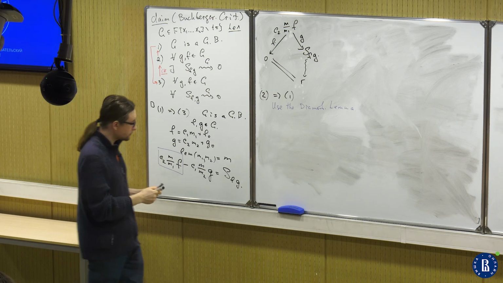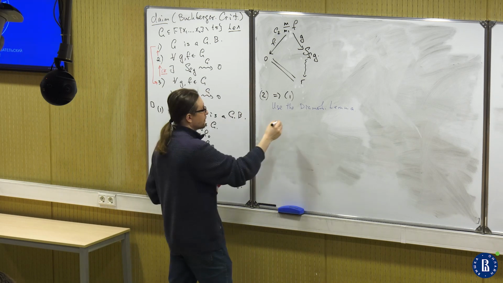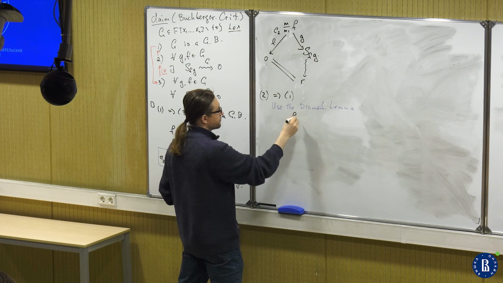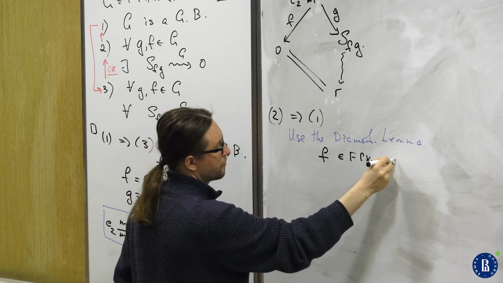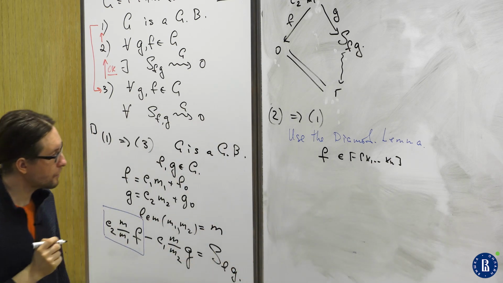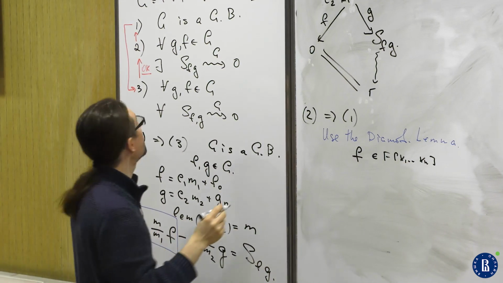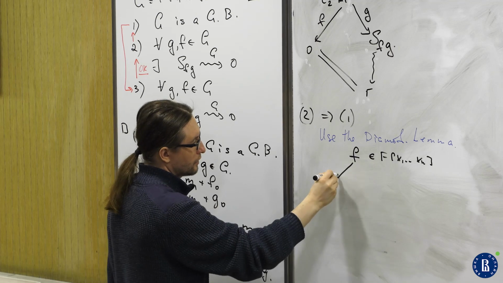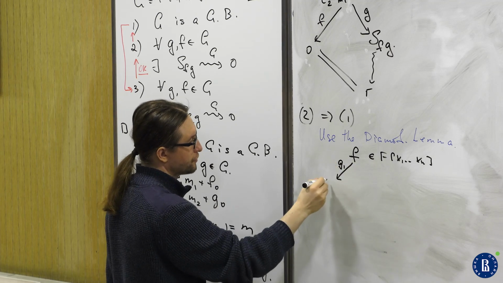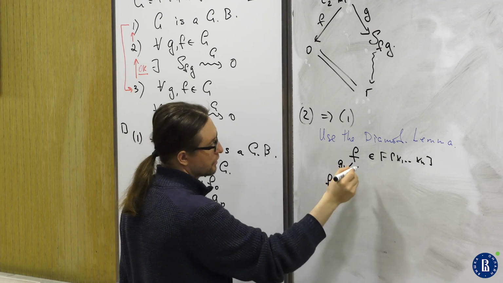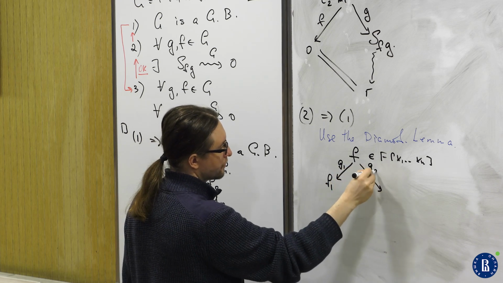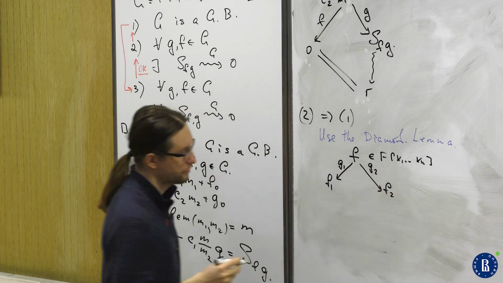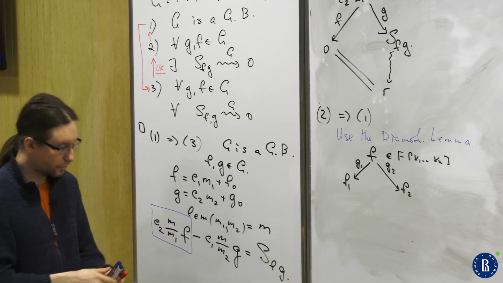Let's take an arbitrary polynomial f. And I want to consider an elementary reduction of f using g1 and an elementary reduction of f using g2.